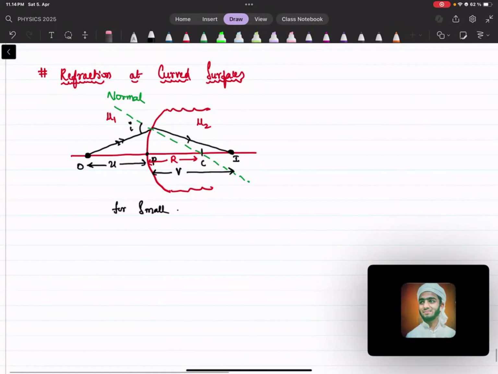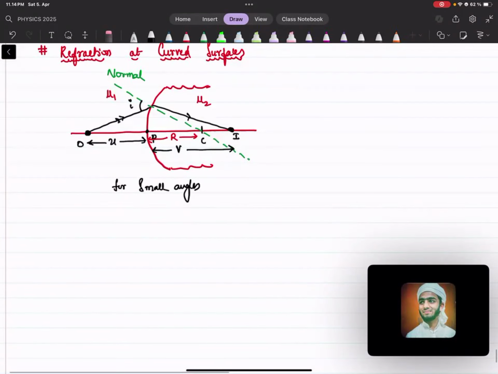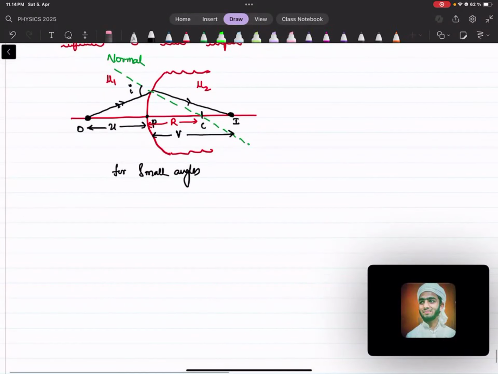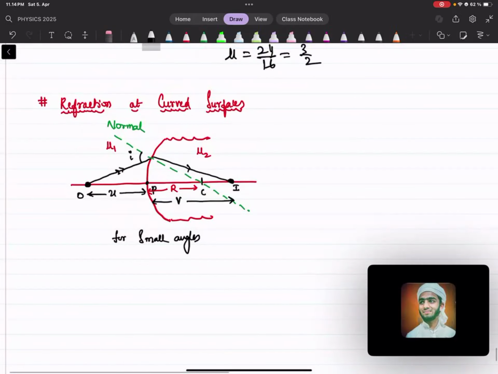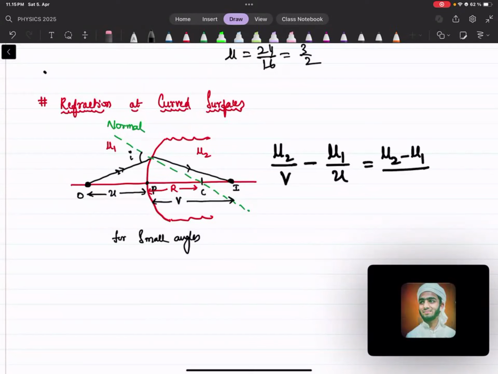For small angles, like 3 degree, 4 degree, 5 degree. For those cases only we are talking. In those cases, the relation for this one. I hope you remember the formula. Can anyone tell me the formula, beta? Mu2 divided by V minus mu1 divided by U is equal to, what is the formula? Mu2 minus mu1 divided by radius of curvature R.